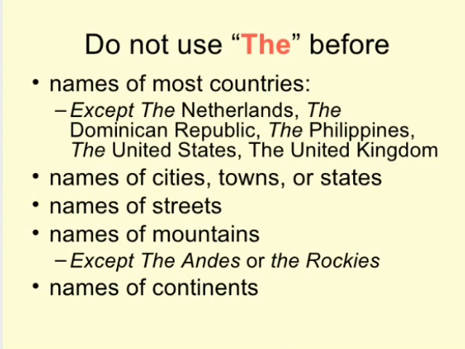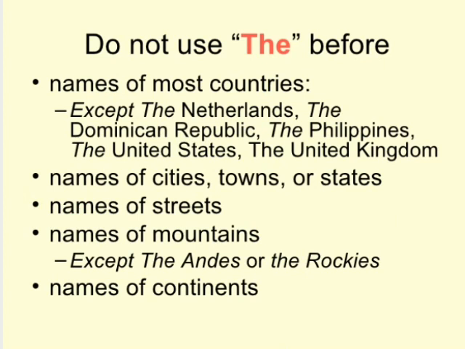Names of most countries don't take the before them, okay? But we have some exceptions here. For example, the Netherlands, the Dominican Republic, the Philippines, the United States, the United Kingdom. They always take the definite article in front of them.